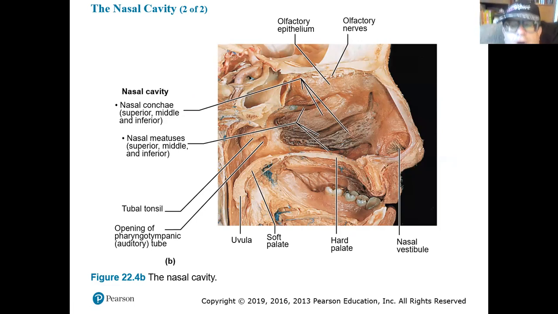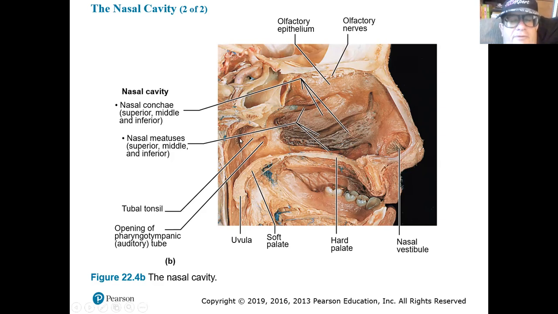So the hard palate at the front, closer to the teeth, there's bone. The soft palate back here, this is just soft tissue, just flesh. The uvula is the hangy downy thing in the middle of the roof of the mouth. That is an extension of the soft palate. The purpose of this is when you're swallowing, that will swing upward and close this passageway.